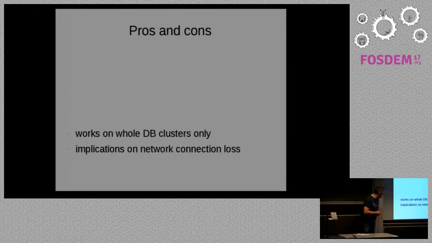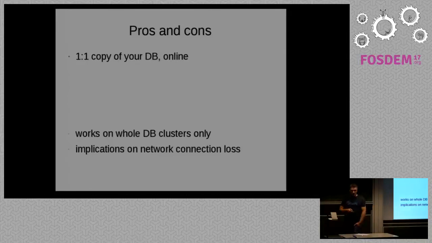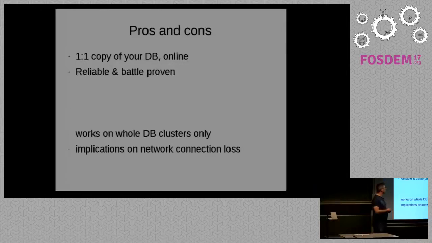Pros and cons, okay. You still have a one-to-one copy of your database, and it's online. It's there all the time. You can just switch over and use that and carry on, right? It's reliable, it's battle proven. It's been in Postgres since 9.0, whatever, for years.